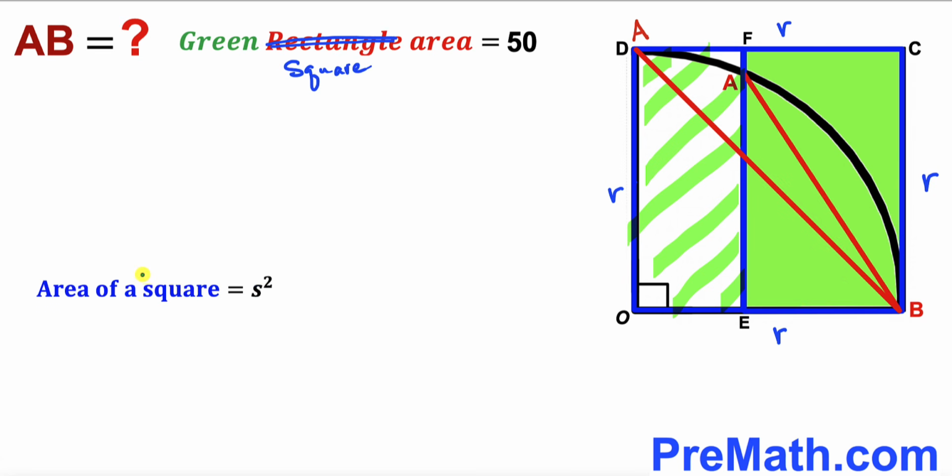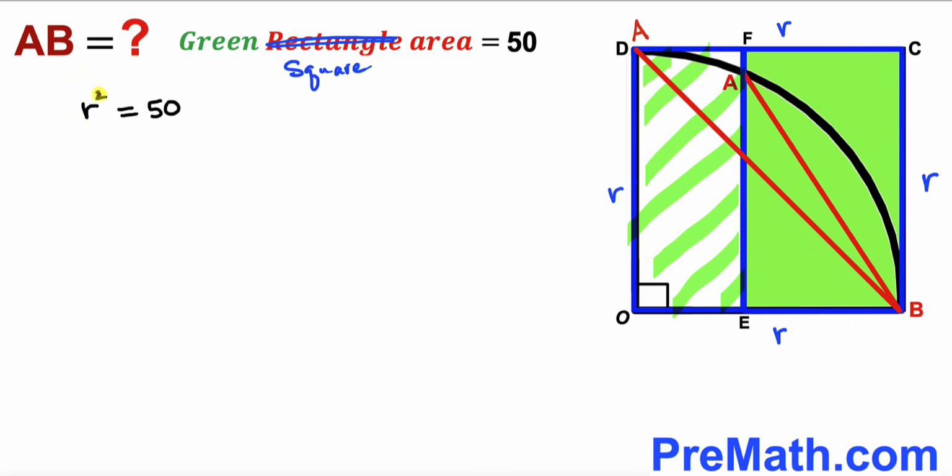Now let's recall the area of a square formula. Area is always s squared, where s represents the side length of the square. In our case, the side length of this square is lowercase r, and the area of this square is 50. So we can write r squared is going to be equal to 50.